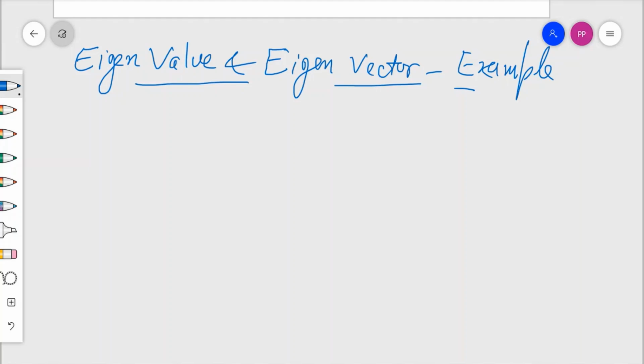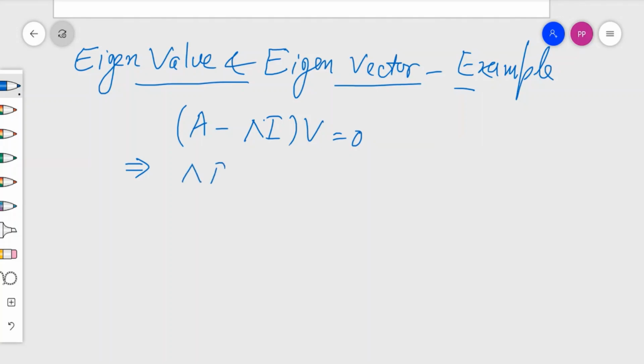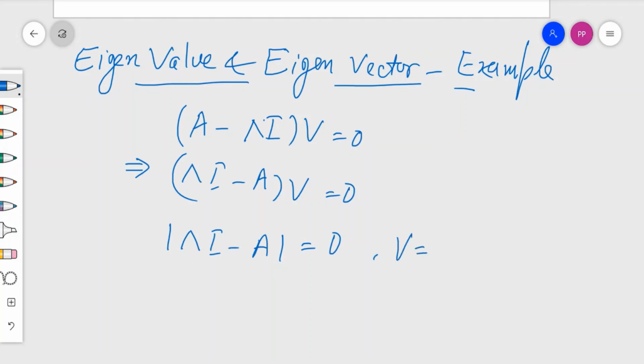Then we can always write A minus lambda I into V equal to 0, and this is the same as lambda I minus A into V equal to 0. So we have to find the roots of the characteristic equation found from this matrix through its determinant, because vector V is not equal to 0.